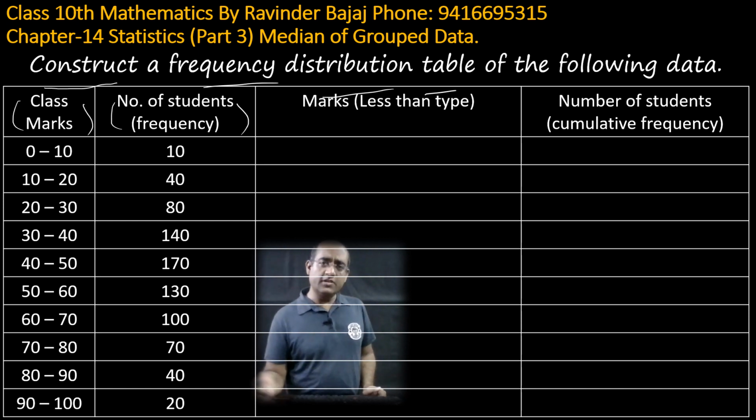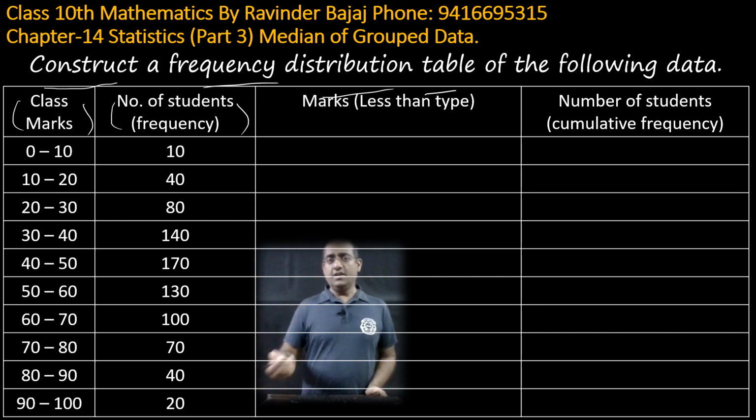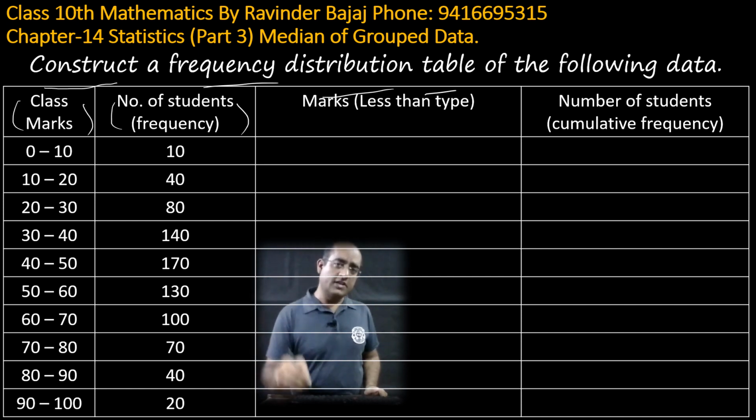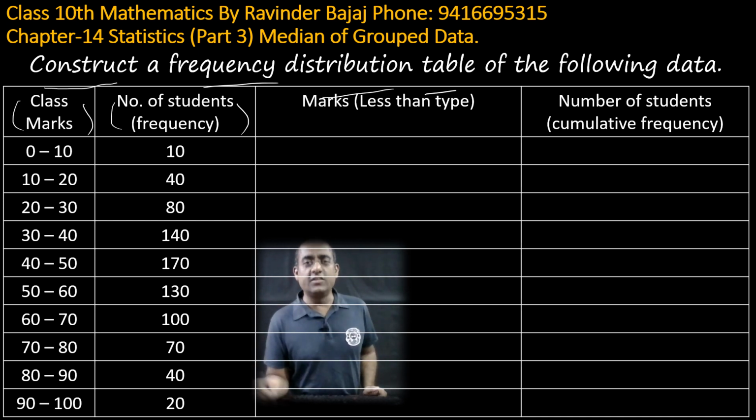In some other question, these two columns are given, but the first two columns are missing. Maybe in less than type or more than type, a frequency table is given and some other columns are missing. So one by one I'm explaining, if two columns are given and the other two are missing, how to find those columns.